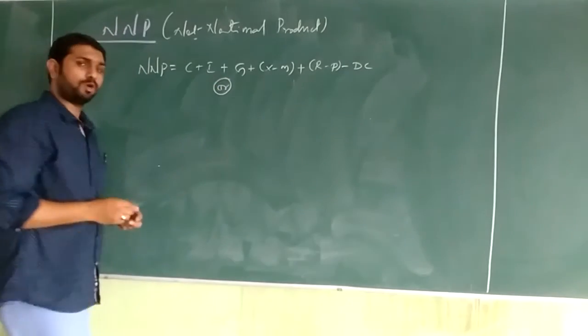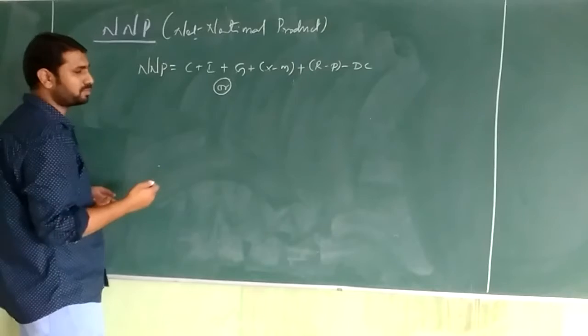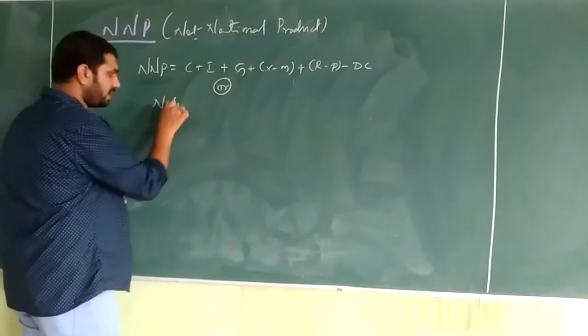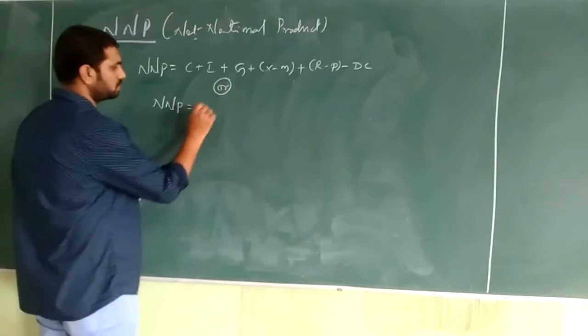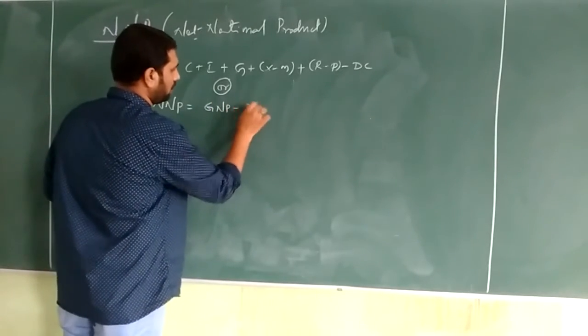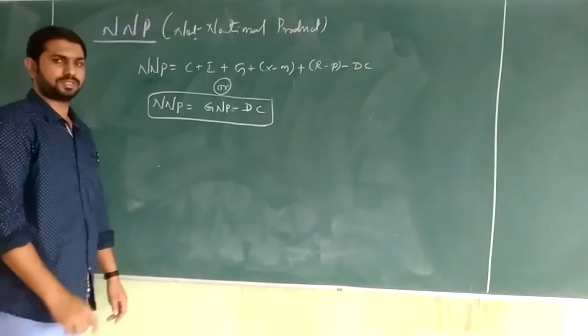Else we can go by the next version, or the simple formula, of calculating NNP. That is NNP equals to GNP minus DC. Again, DC stands for depreciation cost.